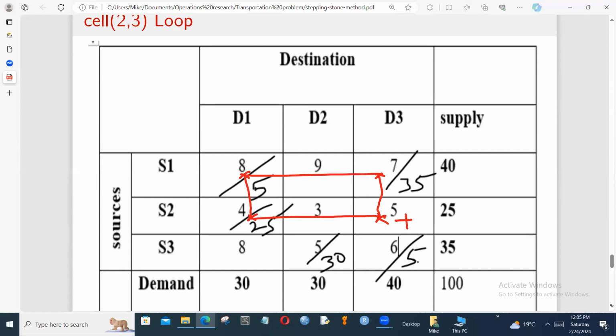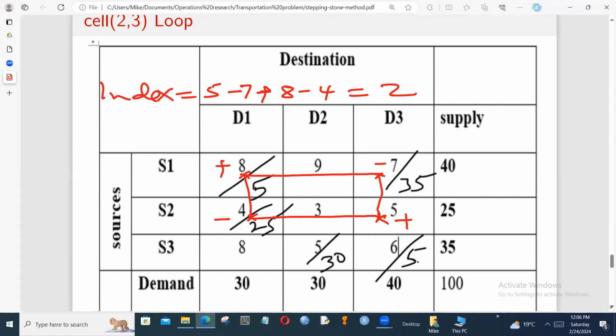So this is positive, negative, positive, negative. The improvement index will be 5 minus 7 plus 8 minus 4. And this will give us positive 2.